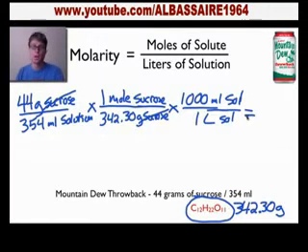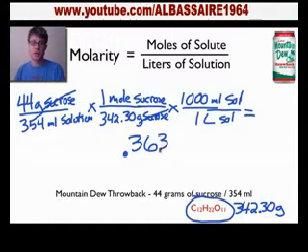What do I get when I take 44 times 1,000 divided by 354 times 342.30? Again, I did that just a second ago, and I ended up with 0.3633 molar solution.